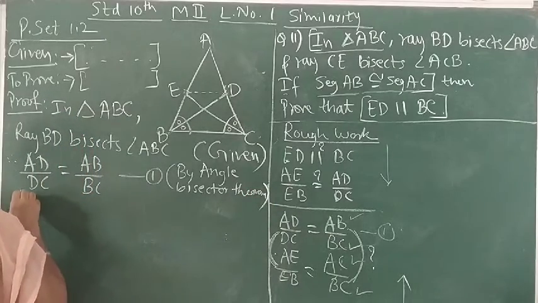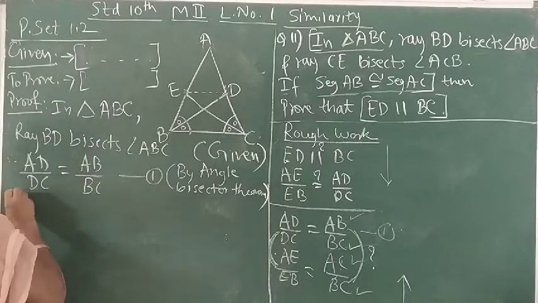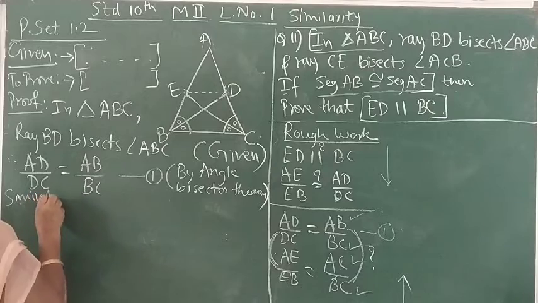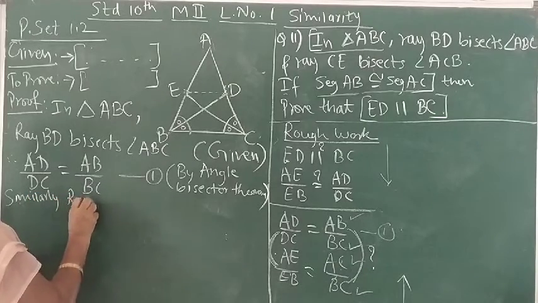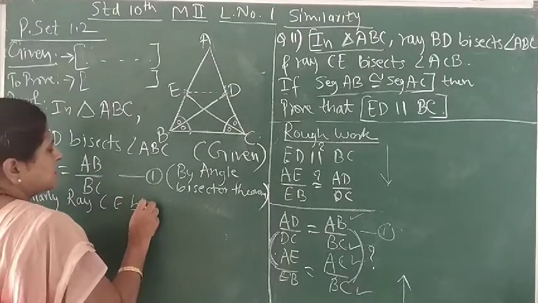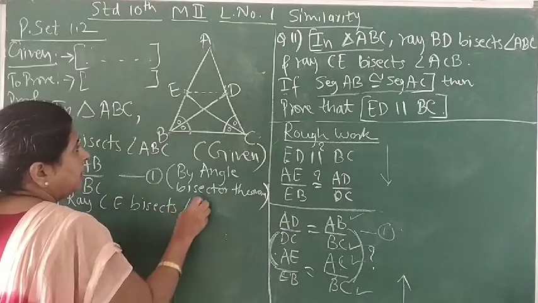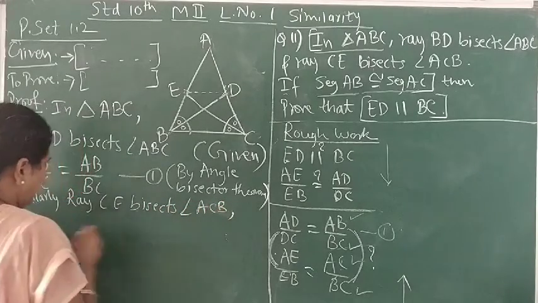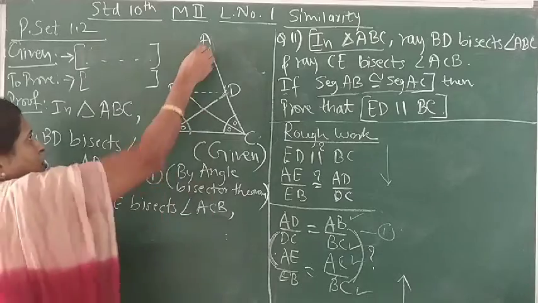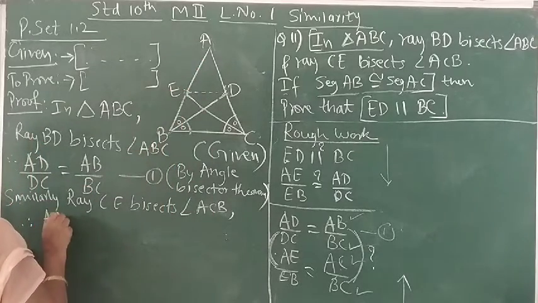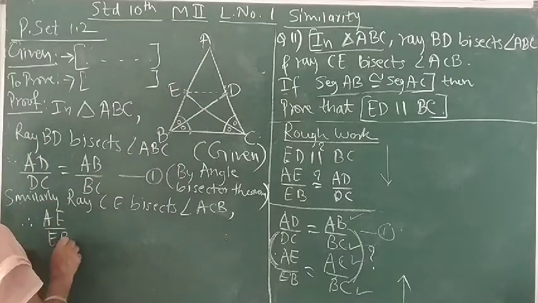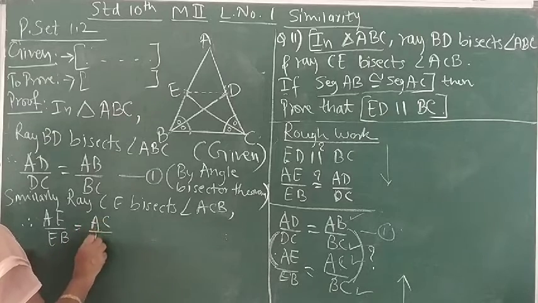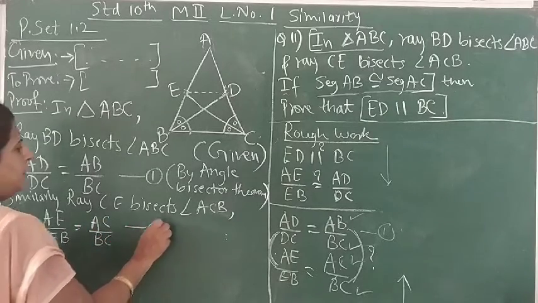Okay. Now, similarly, ray CE bisects angle ACB. Therefore, this other ratio AE upon EB is equal to AC upon BC. Statement number 2.